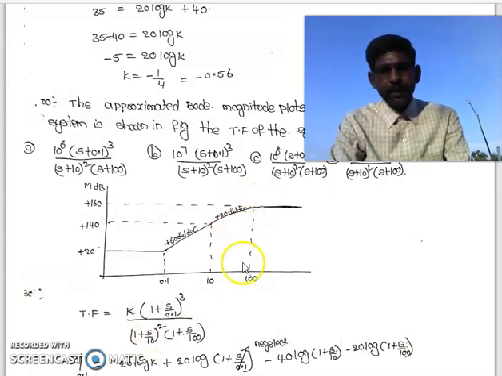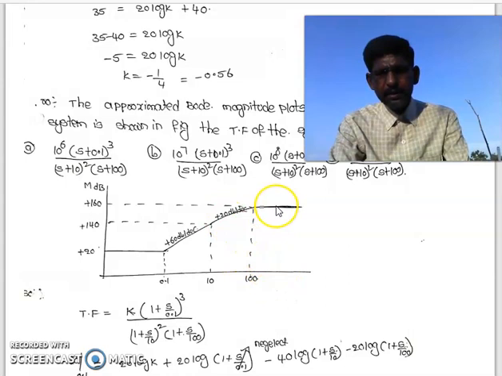Now the next corner frequency is 100. The initial slope for corner frequency 100 is plus 20 dB per decade, and after 100 it is 0 dB per decade. So the change in slope is 0 dB per decade minus 20 dB per decade, equal to minus 20 dB per decade.